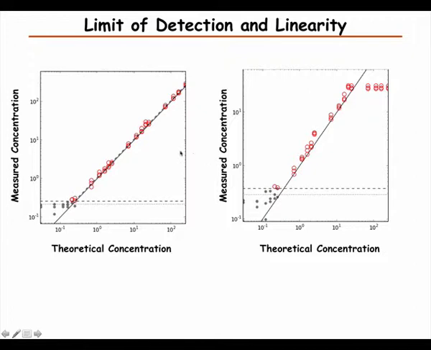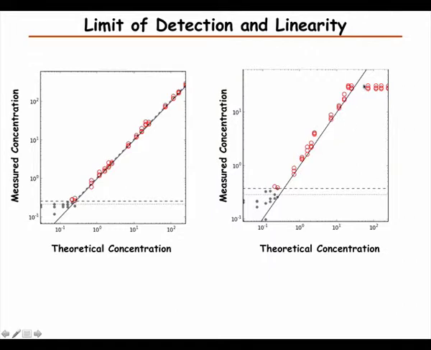What we can do then is to also fit the data. In solid is shown the identity line, where the theoretical concentration is equal to the measured concentration, and the dotted line is a fit to the data. In this case it looks very good. We get very good linearity over a large range, and then at the limit of detection we run out of steam.